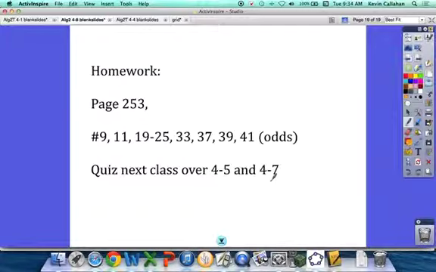Maybe answer some questions like, based on the value of the discriminant, how many real solutions do you expect? It will not include any of the imaginary stuff because we just did that today. We won't have a chance to go over homework before we do that. And then we learn one more lesson in this chapter, which is graphing quadratic functions.